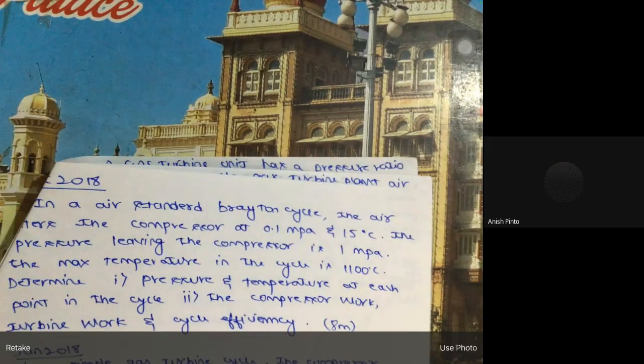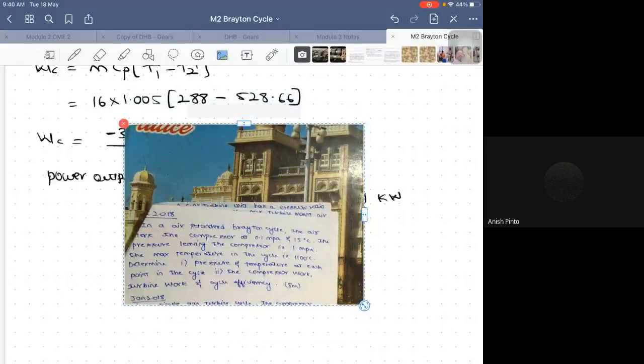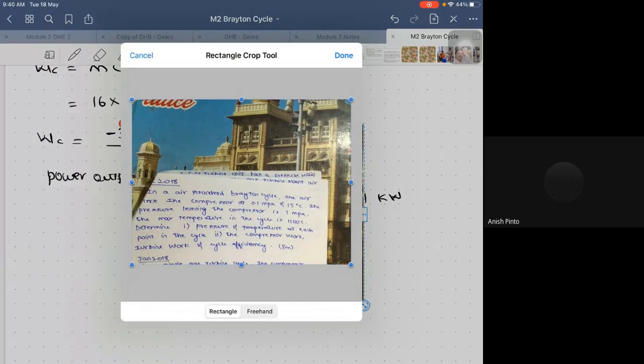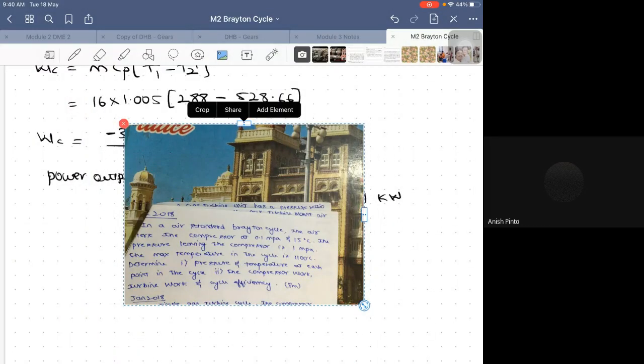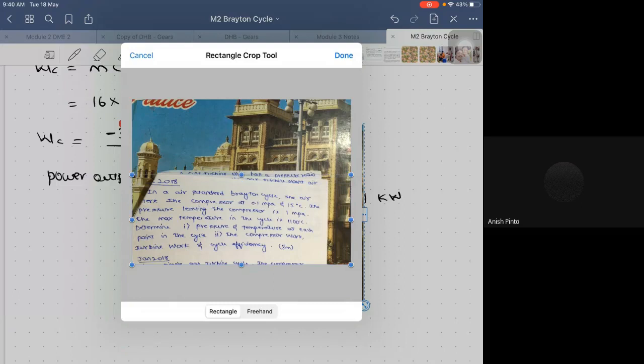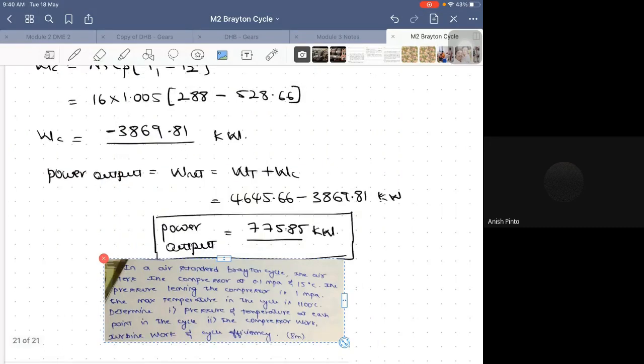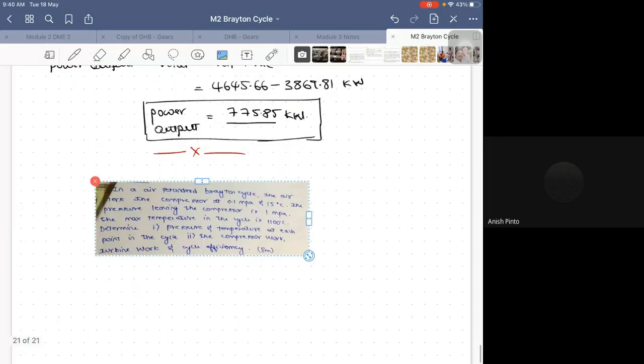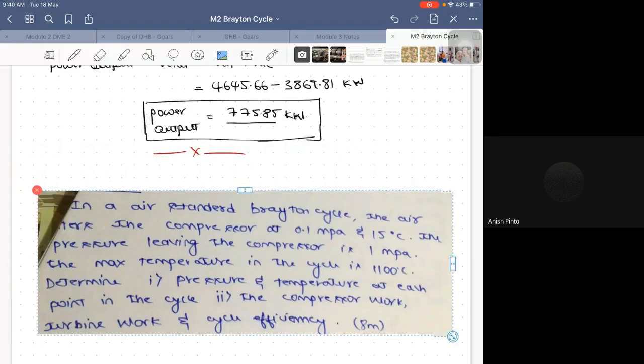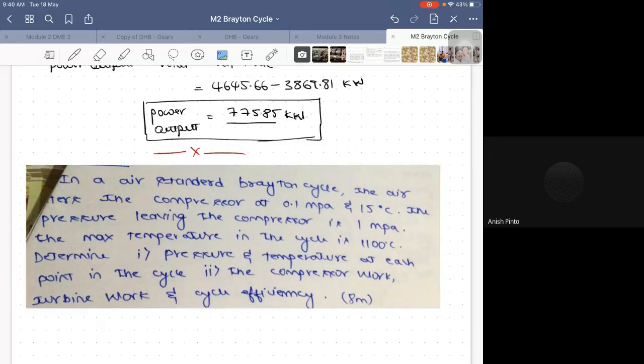So this is a 2018 problem. A similar one, but at the end there is a requirement of calculation of cycle efficiency.